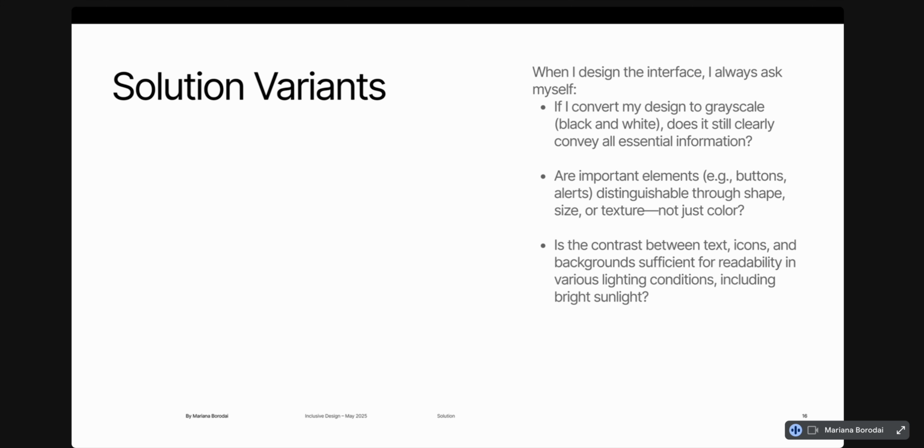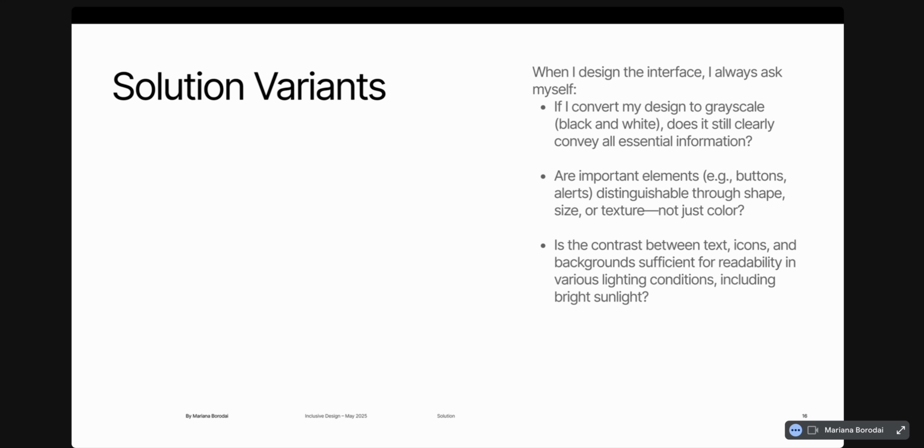The main change is in how I approach the design itself, and that testing, reading different materials, and stuff like that, really changed my mindset. And now here is how I approach interface design with color independence in mind. I always ask myself, if I convert this to grayscale, does it still work?